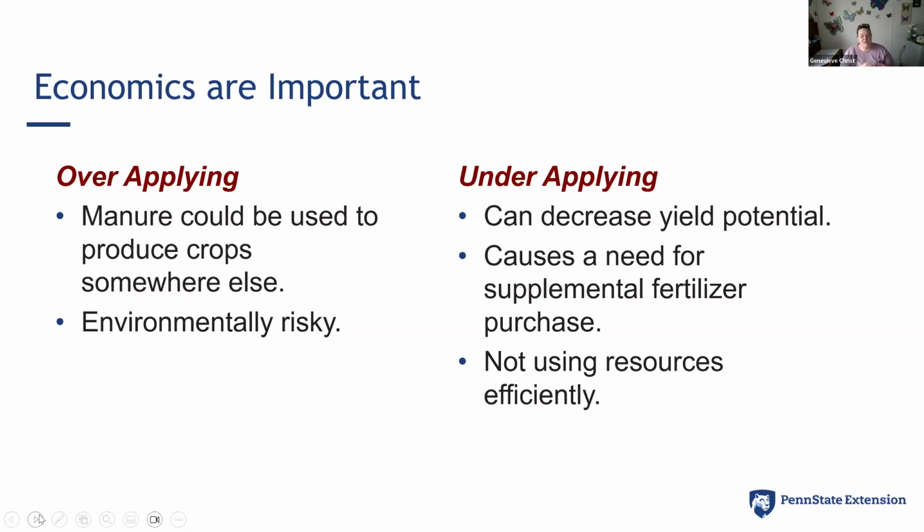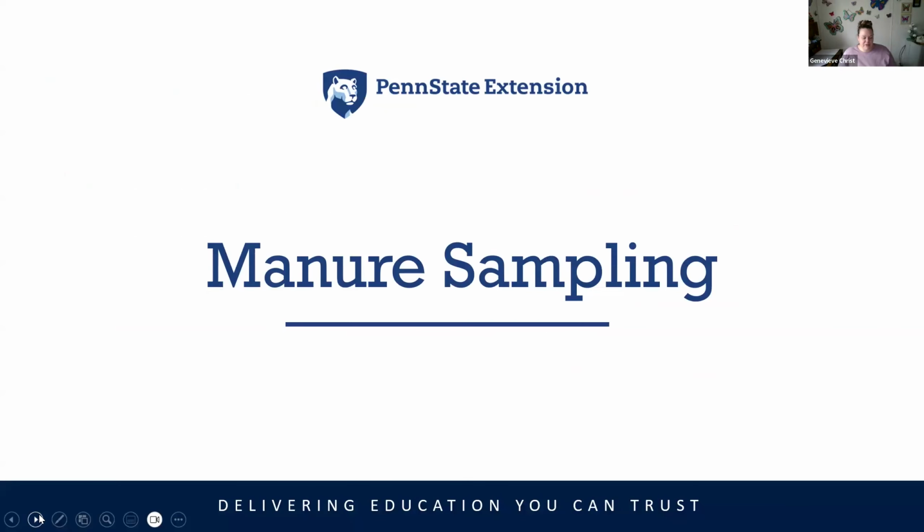And I think sometimes by explaining the economics, even mentioning money to a farmer can really help to get them invested in the process and the thing that we're trying to do, and to help make it easier for you as a nutrient management planner, as an ag technician, as somebody working with farmers. Sometimes talking economics can really help to solidify the reasons why we do some of the things that we do. And so let's talk about manure sampling.